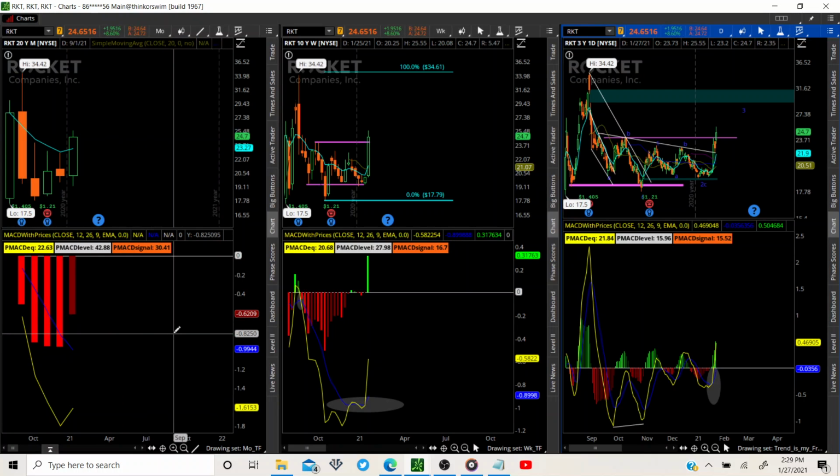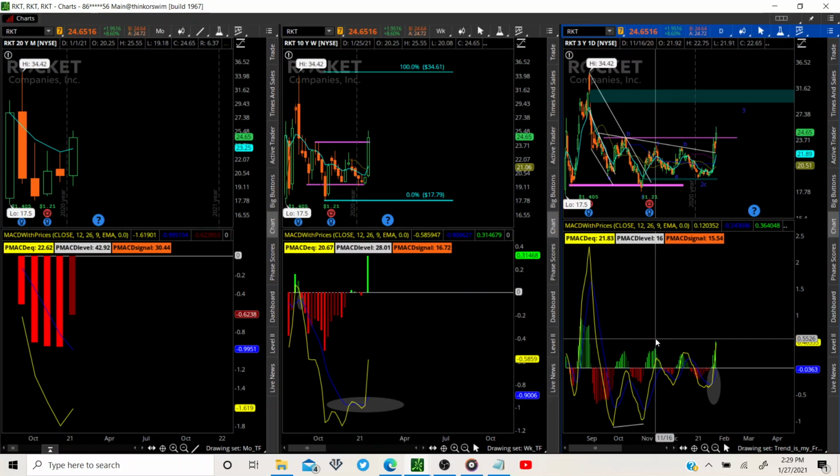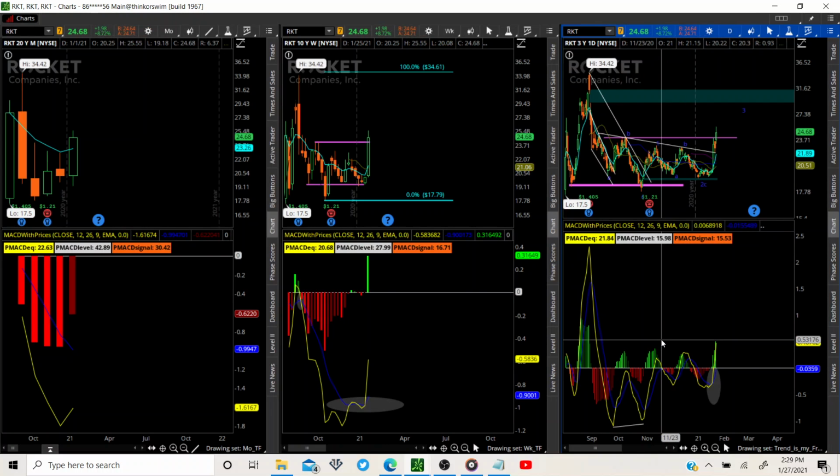Okay, so we have the monthly time frame here. In the middle, we have the weekly, and we have the daily here. And on the other screen, we have the 65-minute chart.